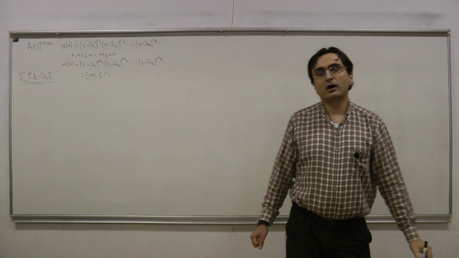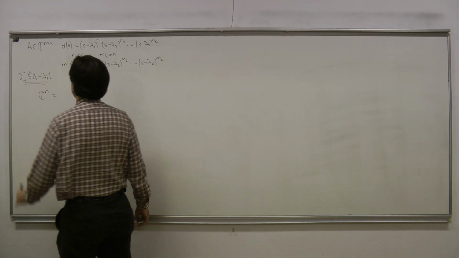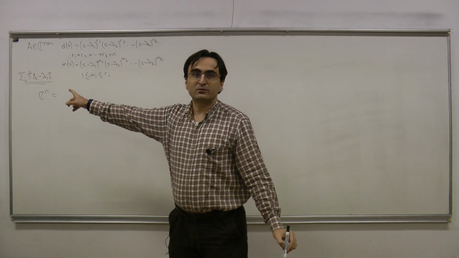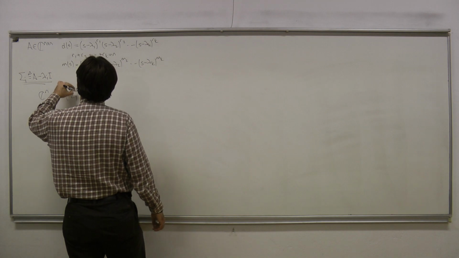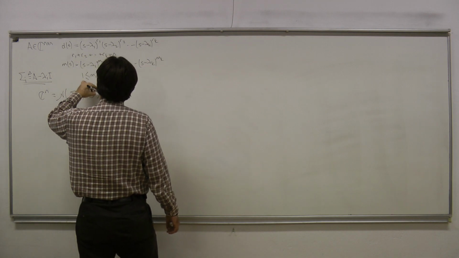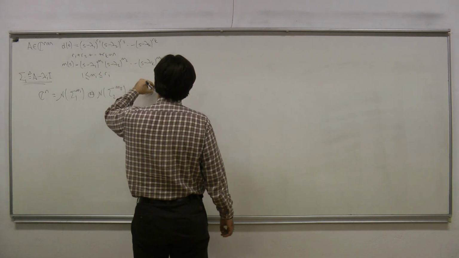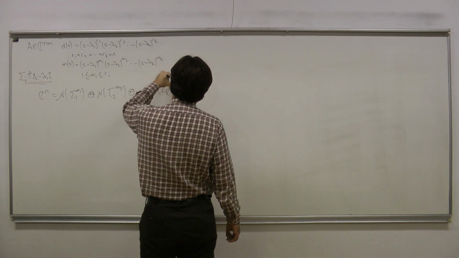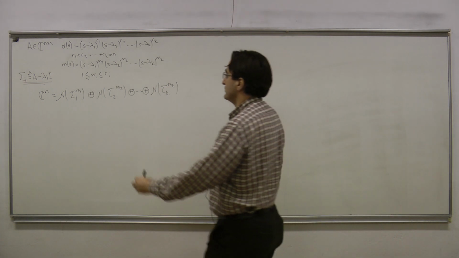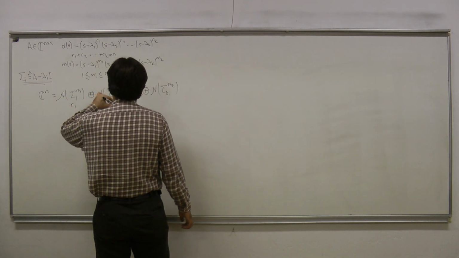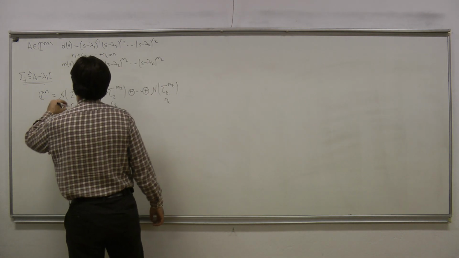Then we can write Cn as a direct sum decomposition of the null spaces of powers of those matrices: null space of sigma 1 to the power m1, null space of sigma 2 to the power m2, going until null space of sigma k to the power mk. We talked about the dimensions of these null spaces, and we know that their dimensions are R1, R2, going until Rk.